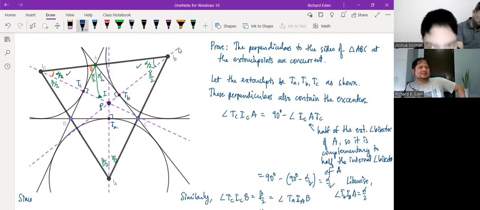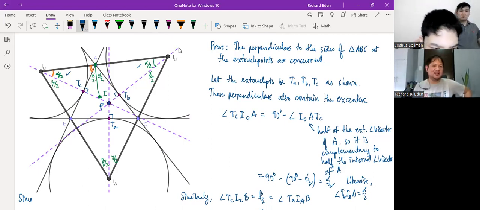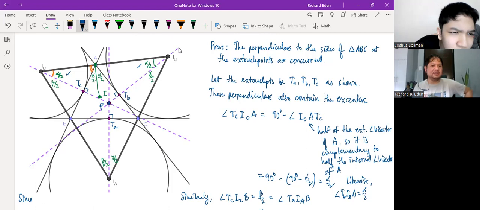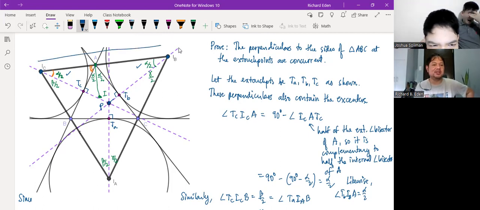It cannot possibly be the incenter, but rather, hold on. What this tells us is that P I C and P I B make the same angle alpha over 2 with this particular segment.